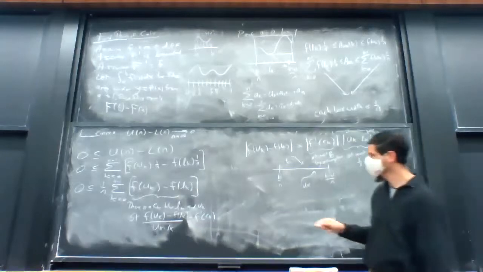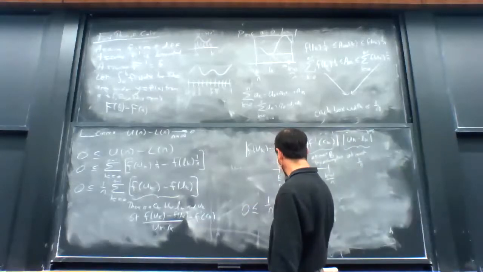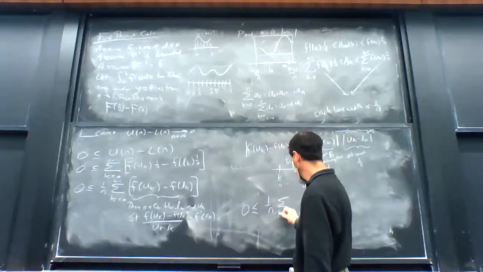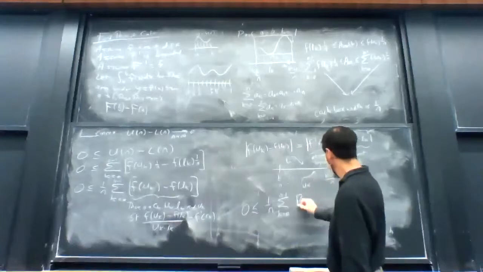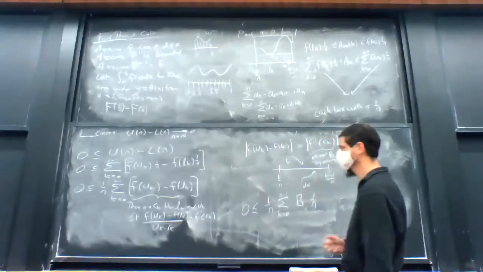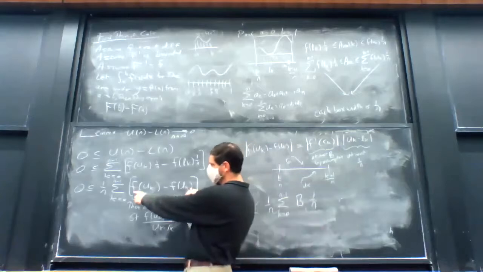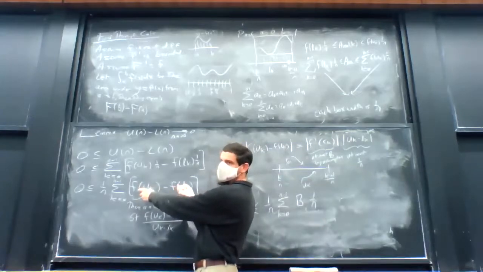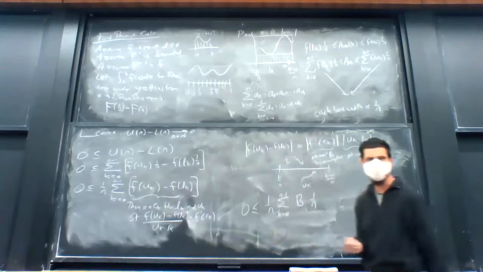So when we put this all together, we get 0 is less than or equal to 1 over n, the sum, k goes from 0 to n minus 1, of big B times 1 over n. I technically don't have an absolute value here, but because this is clearly non-negative, I can regard that as an absolute value if I wish.